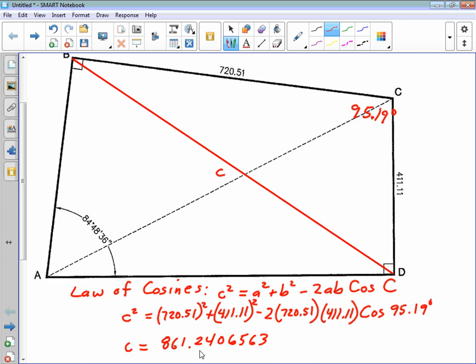Use second answer as much as humanly possible until the very end when you report answers, like 720.51 or 411.11, which are to the nearest hundredth of a foot.